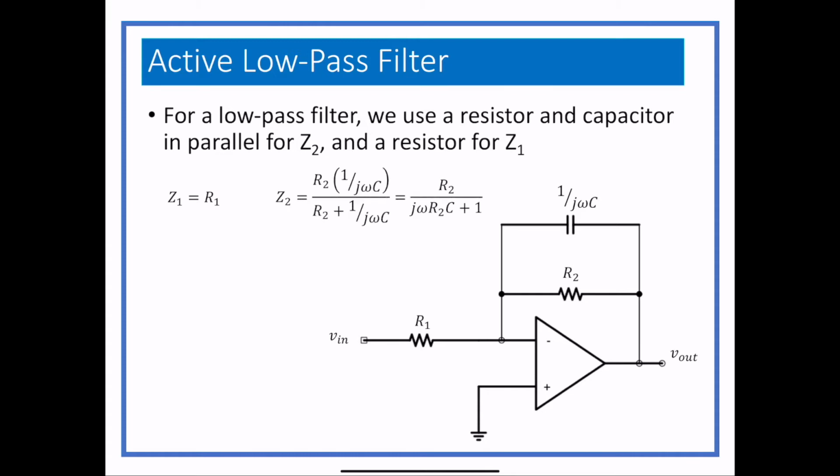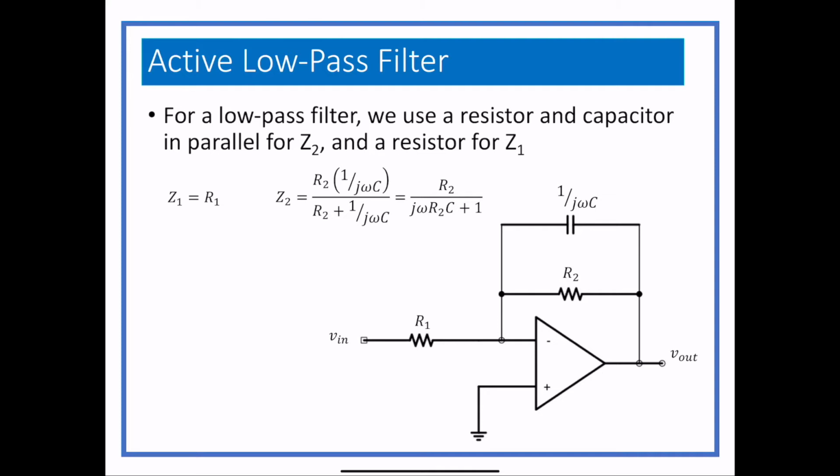So we basically just put R2 times 1 over j omega C over R2 plus 1 over j omega C. And then the standard procedure is to simplify it by multiplying everything by j omega C. And that is what we get. We get R2 over j omega R2 C plus 1.